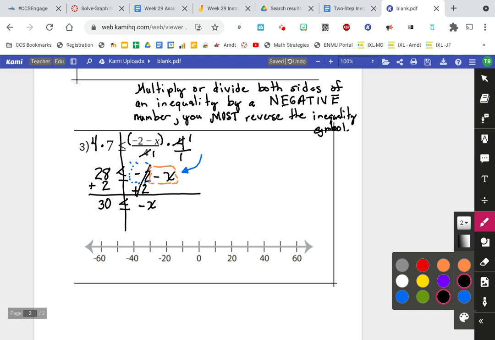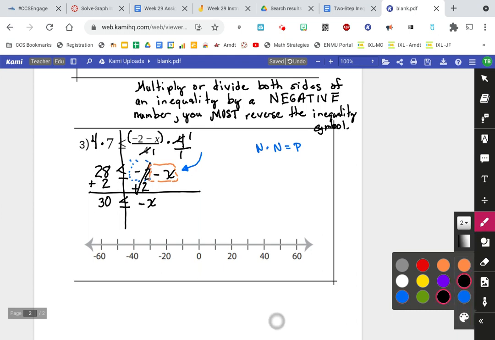So we have to get rid of that negative. You might be like, well, how? Well, remember our nice little rule that tells us a negative times a negative equals a positive? We're going to use that rule. And we are going to multiply this side by negative 1.